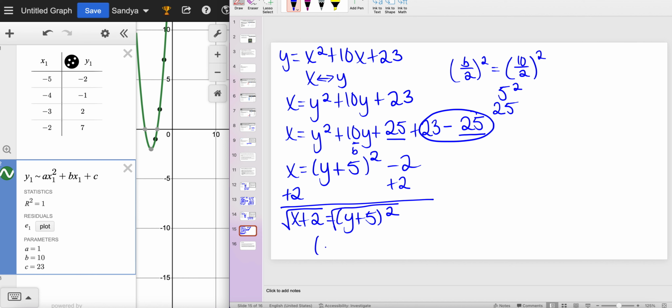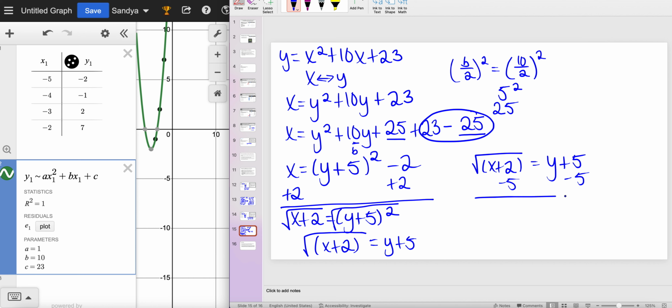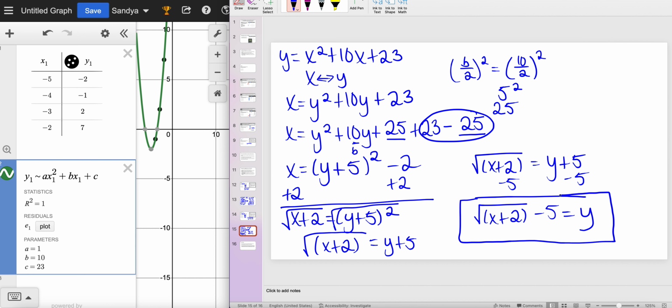So I have the square root of x plus 2 equals y plus 5. Now I'm going to subtract 5 from both sides, and that gives me the square root of x plus 2, and then minus 5 is going to stay on the outside, that equals y. And that is the equation of the square root function that I was looking for.